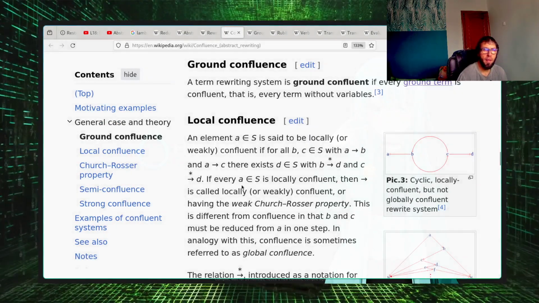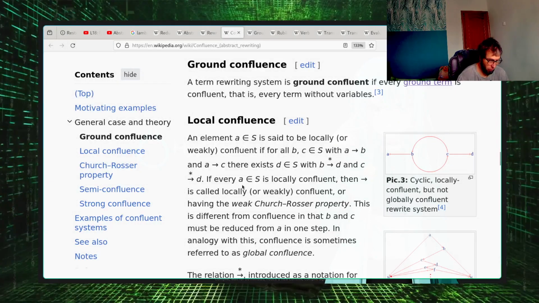There also exists a notion of local confluence.